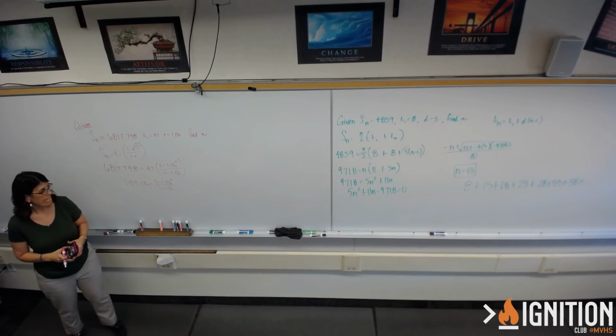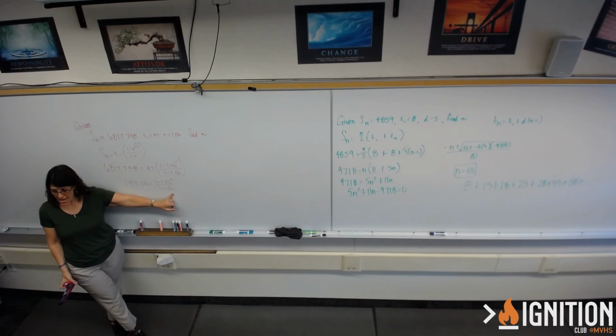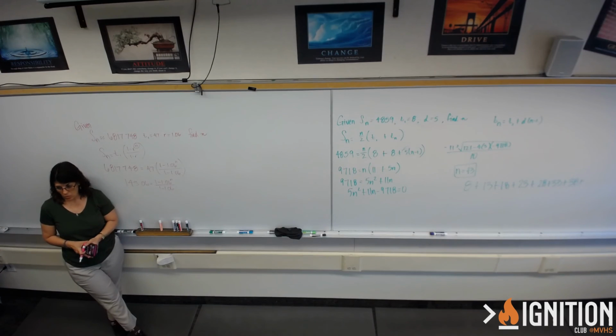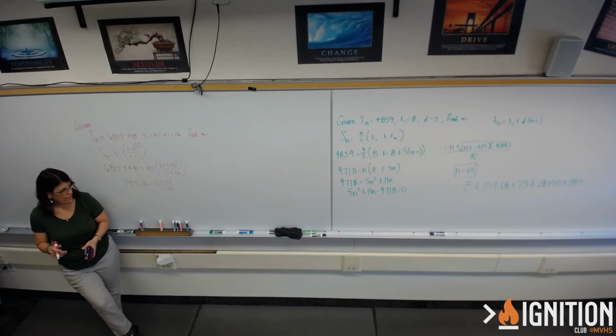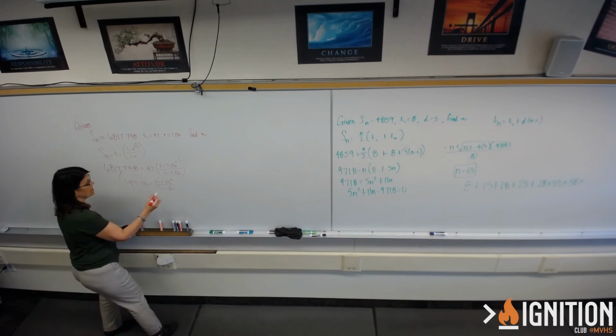Alright, so the denominator is negative 0.06. Multiply both sides by negative 0.06.